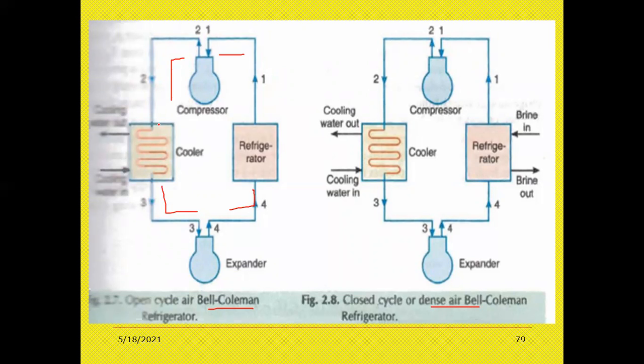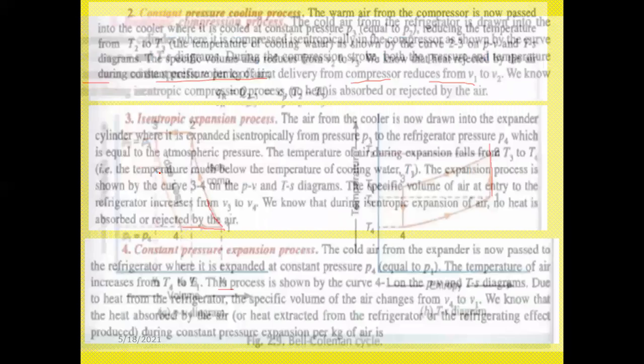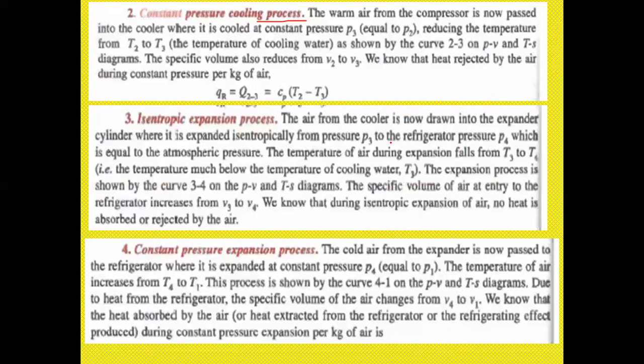Whenever the warm air is passing into the cooler, the cooling water is circulating in this chamber and cooling the warm air. The air from the compressor is now passed into the cooler, where it is cooled at constant pressure P3, reducing the temperature from T2 to T3. If you get a question here, you can first draw the figure and explain it on your own.